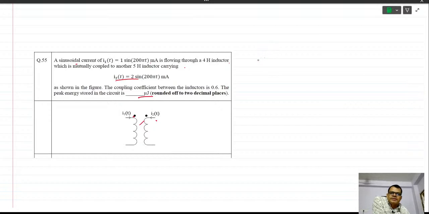So coupling factor is there, so you can find the mutual inductance M equal to coupling factor K into root of L1 L2. Once you find the M, the peak energy stored in this magnetically coupled circuit is the energy stored in the first coil, half L1 I1 square, where I1 is a peak value, IP1.